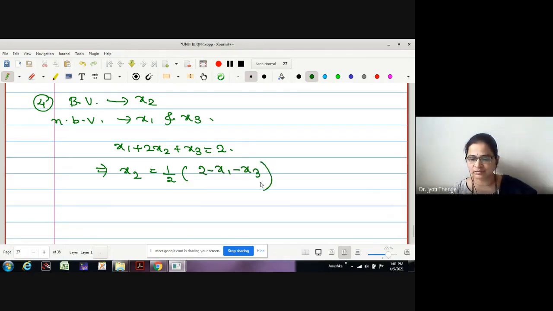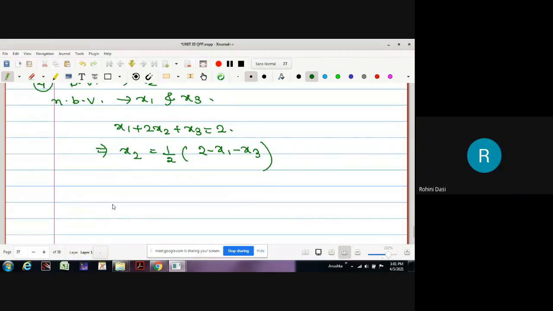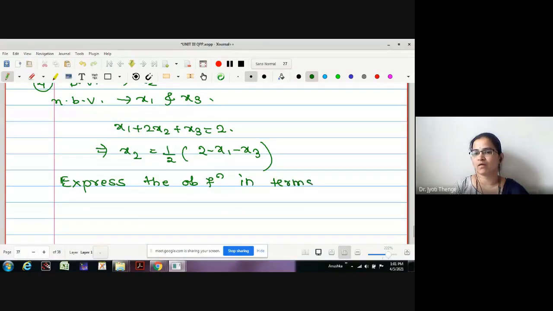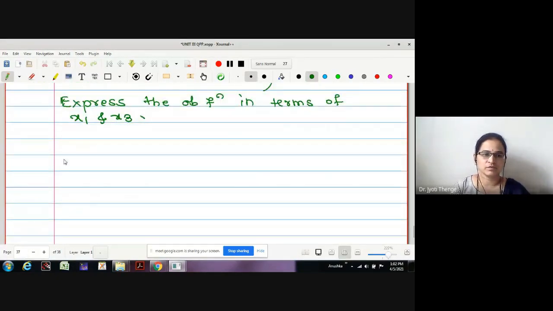Is that clear? Yes, ma'am. Now express the objective function in terms of x1 and x3.